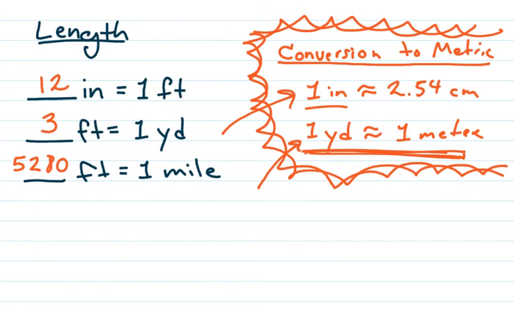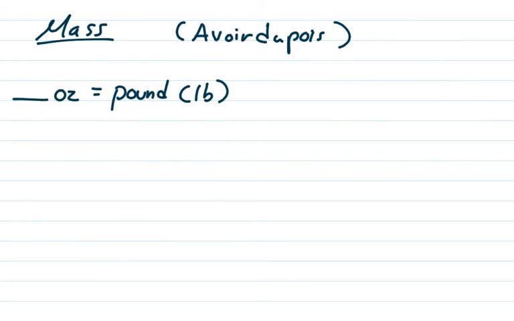Now on to mass. Okay, so I just want to make clear that in the U.S. we use the Avoirdupois system. Okay, so there's other things like you hear troy ounces and things like that when you're dealing with gold.